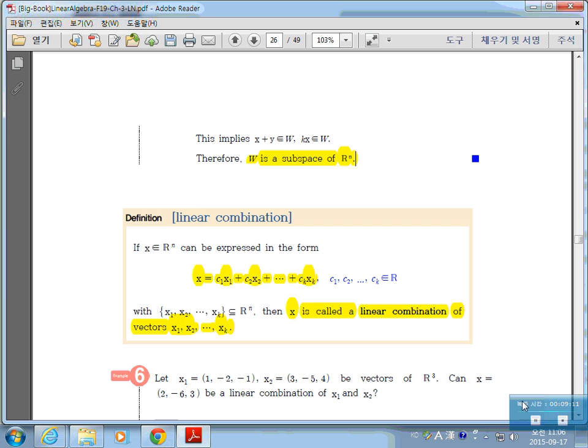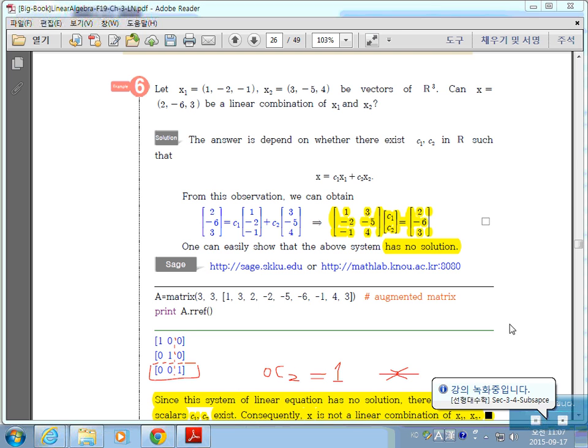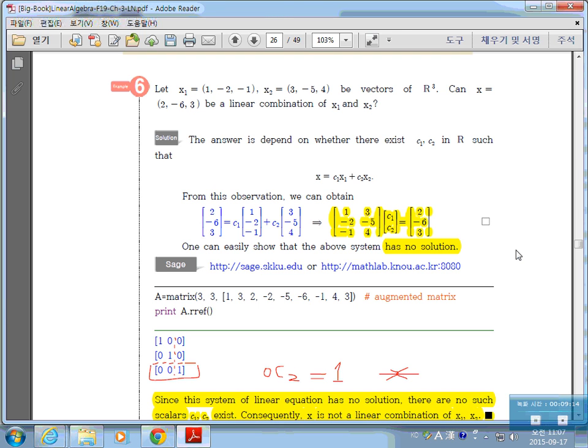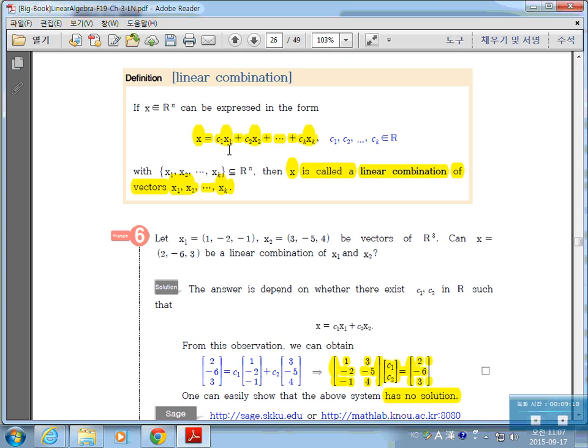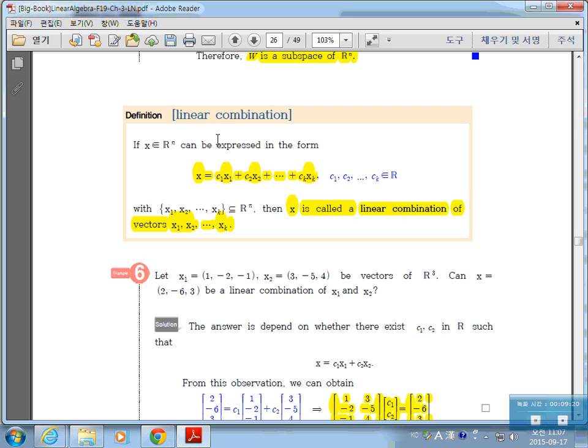That's it. Any question on subspaces? Okay, next is a definition: linear combination. Actually, you saw this in the earlier chapter 1, in section 1.2.